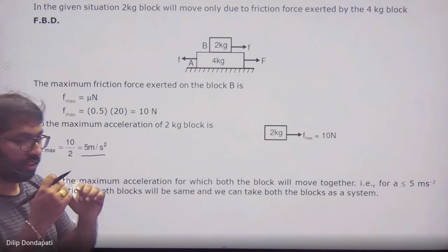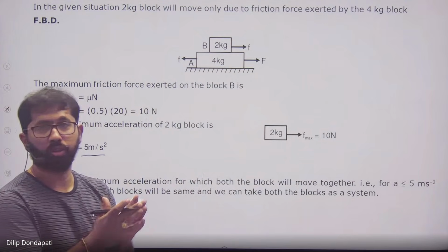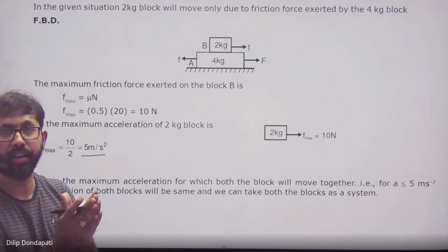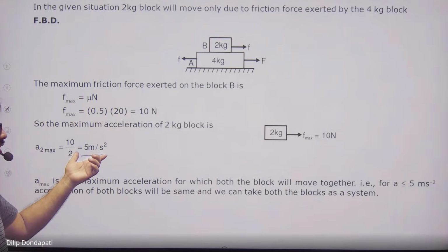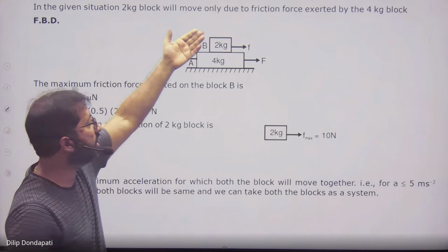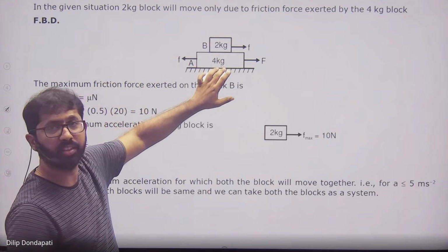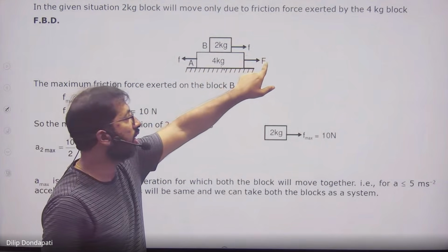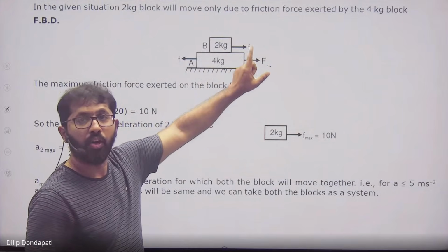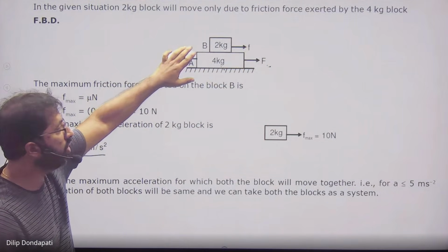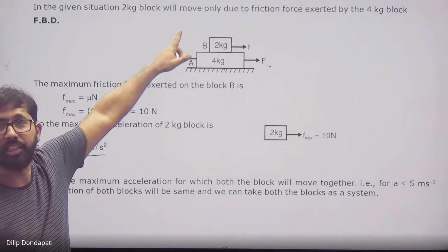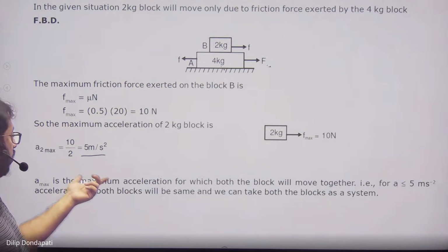See, this is a method to calculate the maximum force. I gave steps to calculate the maximum force, and using those steps we calculated the maximum acceleration. I am using that acceleration in this block to get F max. After getting F max, if you substitute it in the separate equations, the acceleration will be the same: both will move with 5 meters per second square.